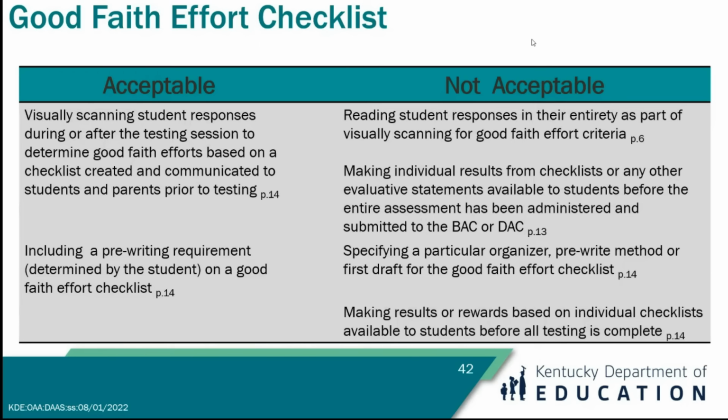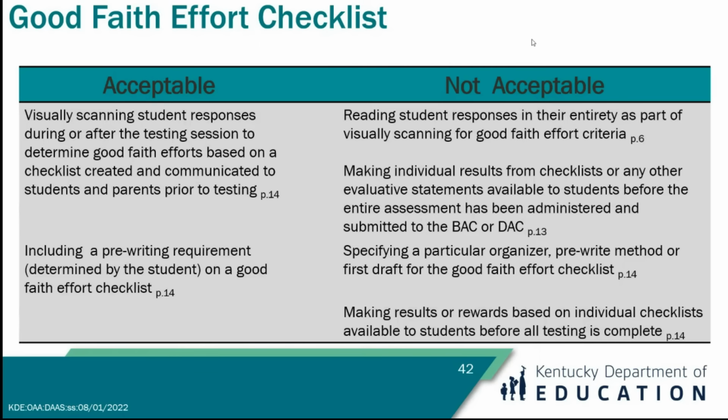The checklist should not include any evaluation of student responses, such as writing 3 paragraphs or whether test answers were correct or not. No feedback can be given to a student until all testing is complete and materials are out of the hands of students and teachers.